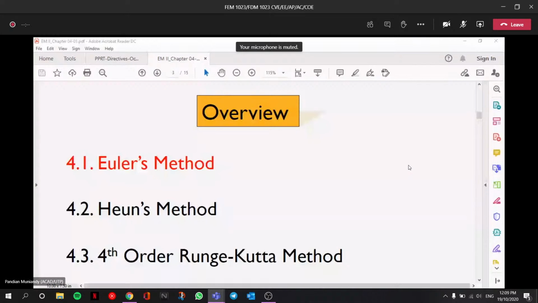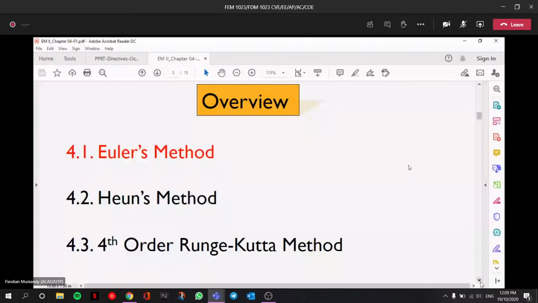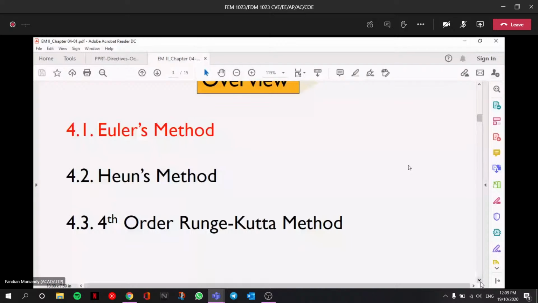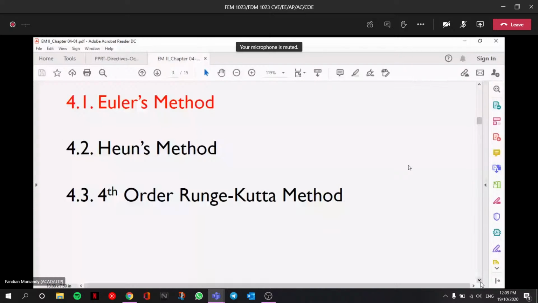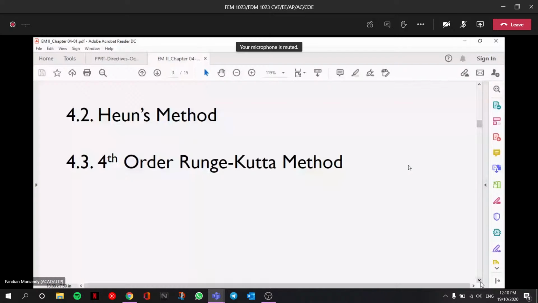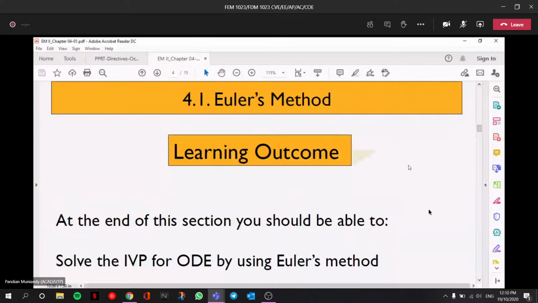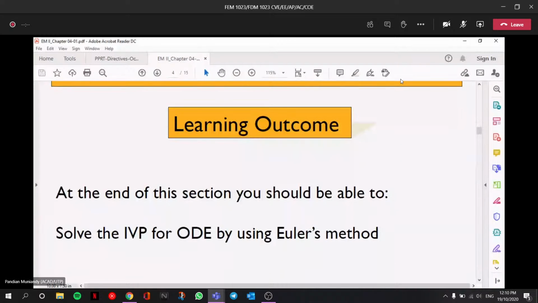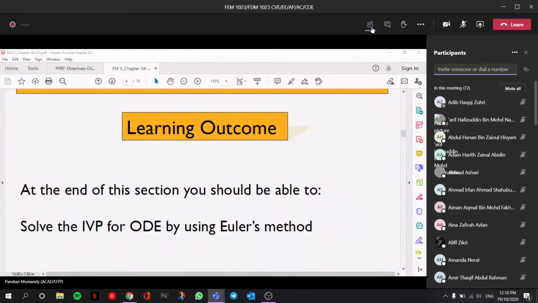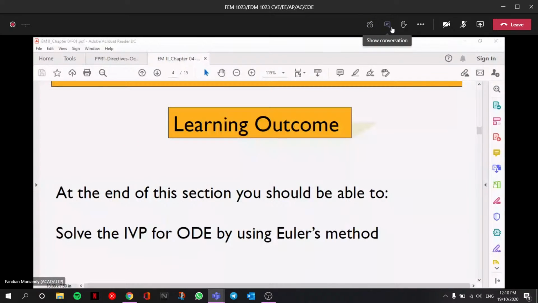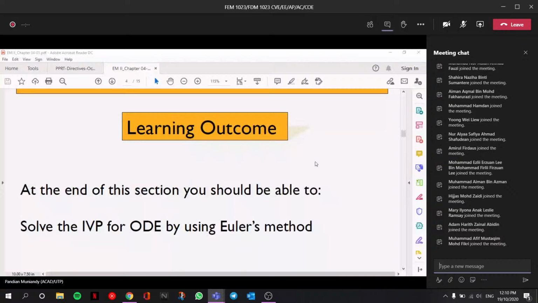Okay, now we move on to the fourth slide, sorry. This is the Euler method. So you want to know how to solve ODE, especially the initial value problem.